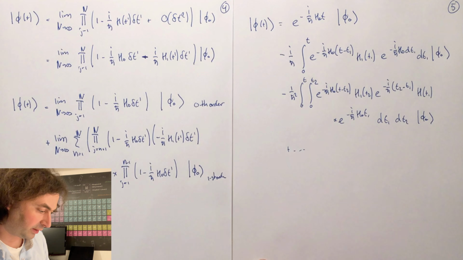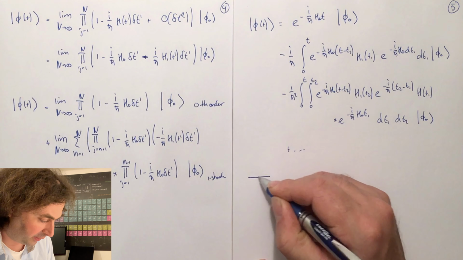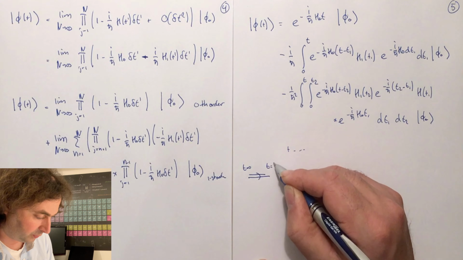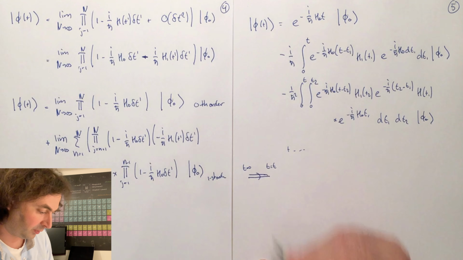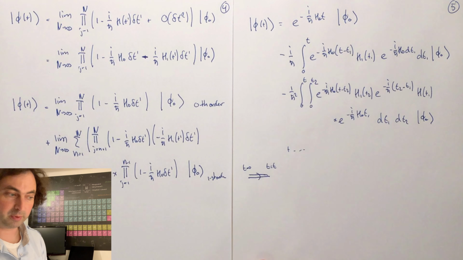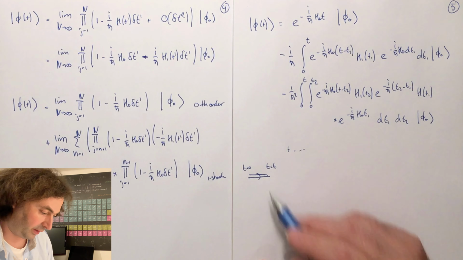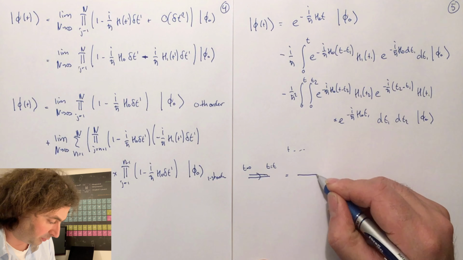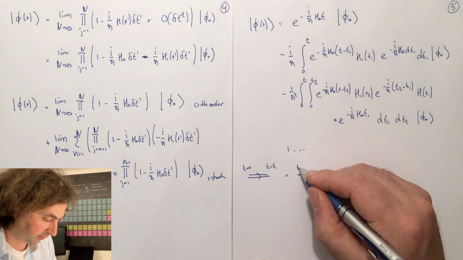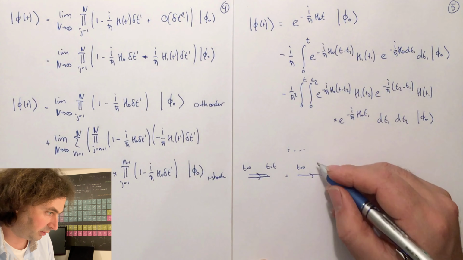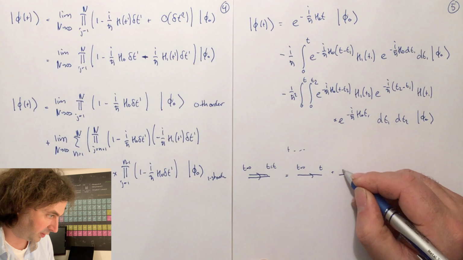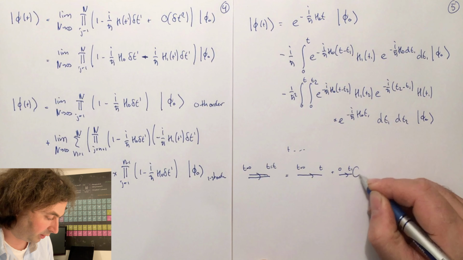In terms of diagrams, a state can propagate from t is 0 to t is t for a full Hamiltonian given by H0 and H1, where H1 is time dependent, and that propagation is given by the bare propagator given by H0, plus the propagation of the state from 0 to t1.